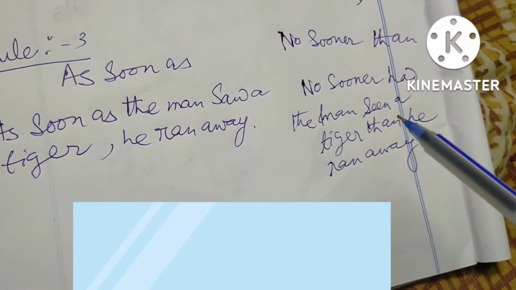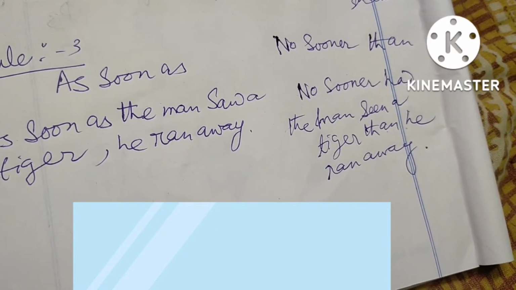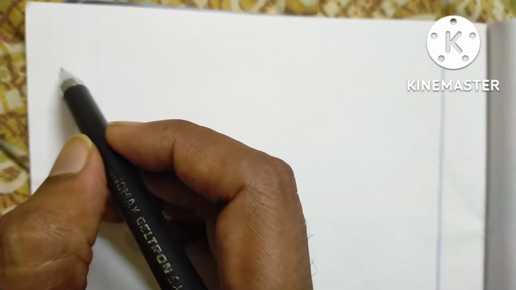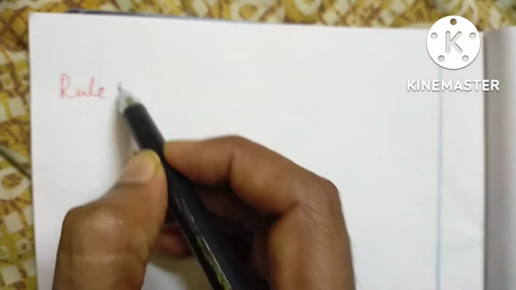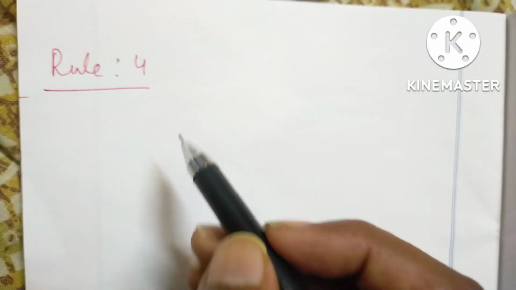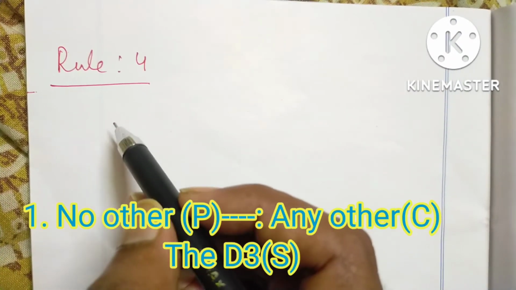Okay. My next rule is the most important rule, because in most cases these rules are used, and there are two parts to this rule.